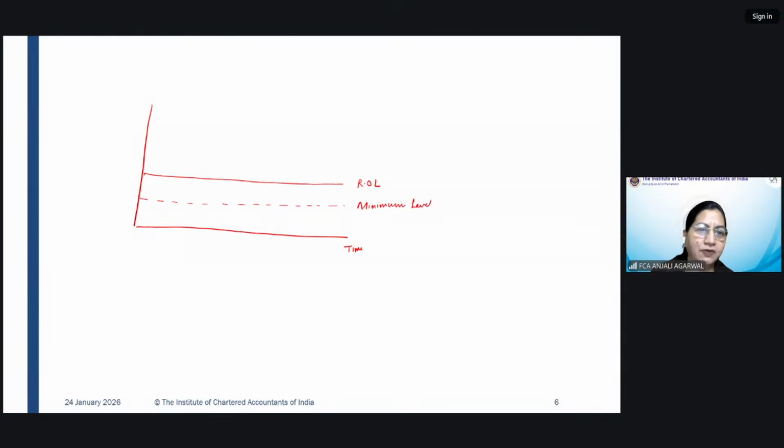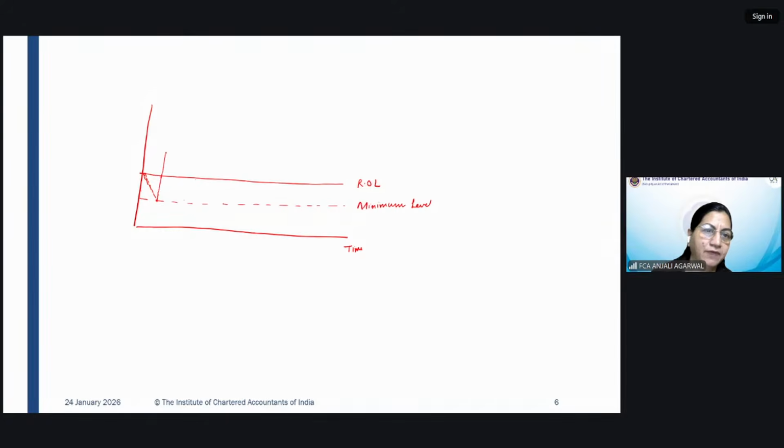So what will happen? You will start consuming from this. This was your existing level of stock. You started ordering from here, and the consumption is from this stock level which you have, and it falls to minimum. The moment it falls to minimum, you receive the stock at this point.